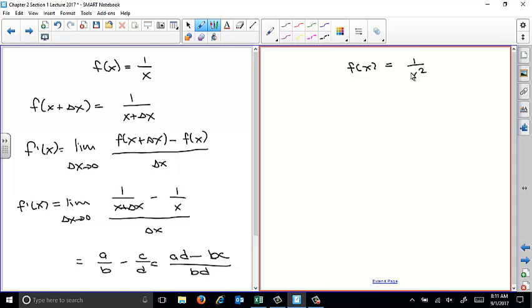Then you have to find a common fraction. You'll cross multiply just like you did here. It's a little messier. Once you create the fraction, you'll keep simplifying, and once you simplify enough, you'll be able to cancel or divide out the delta x.